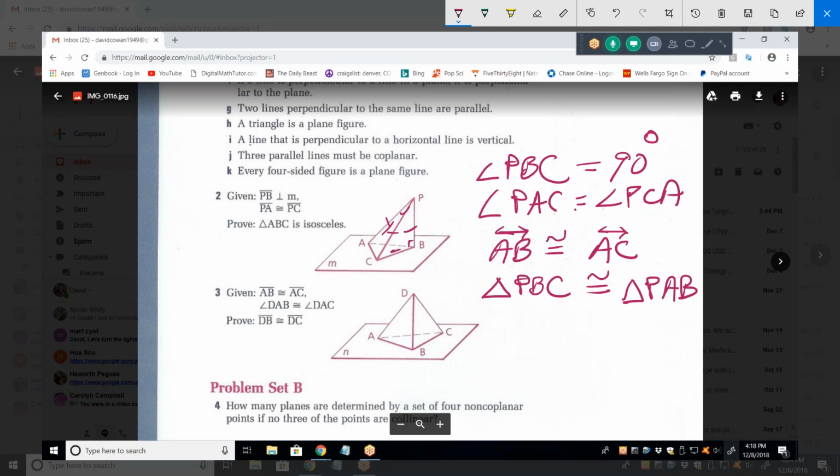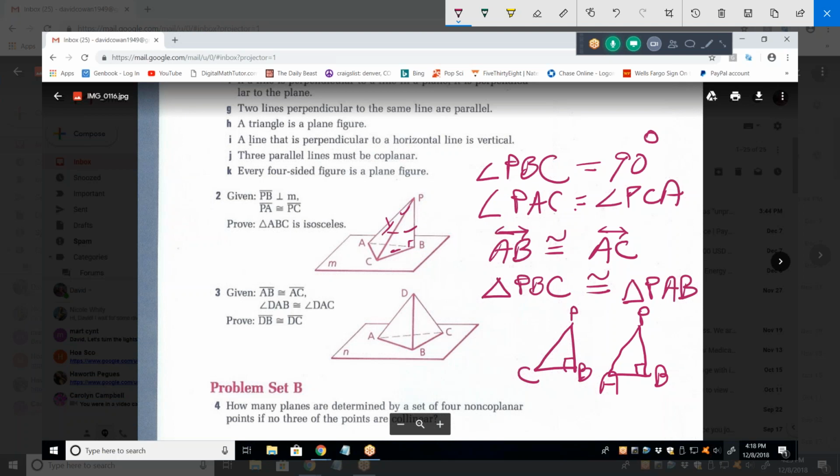Well, let's draw those two triangles. This is P, B, C. And if I draw the back triangle, I'll draw it the same way. That is P, B, A. And clearly that's a right angle, so they're right triangles.